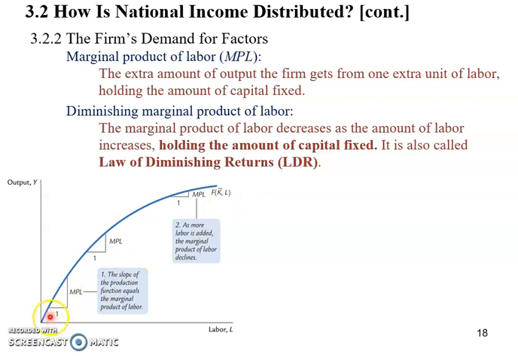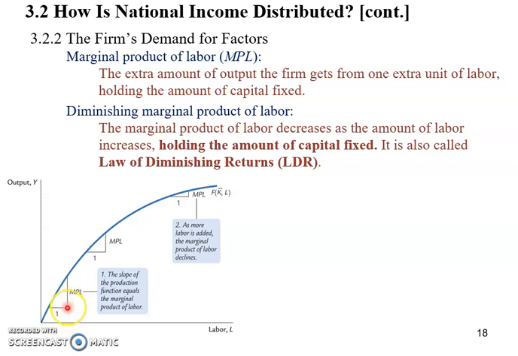As you can see, we pick three specific levels of labor, and every time we move to the right by one unit, that's what we mean by adding one unit of labor in production. When we move from this point to this point on the curve, that simply means, on the horizontal axis, the units of labor increase by 1.